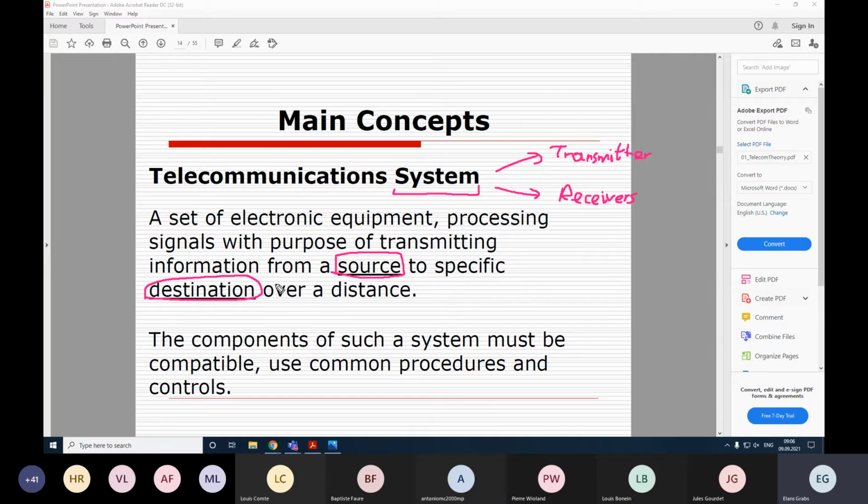But the source uses a transmitter to send information over some line to a receiver, and the destination gets this information from the receiver. Obviously, we need some components used together. They need to work together and be compatible with one another.